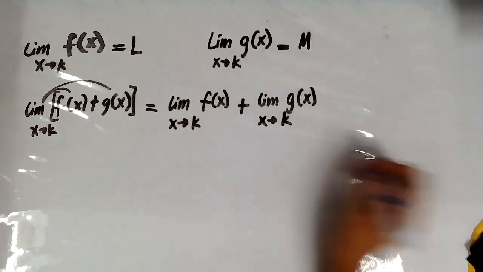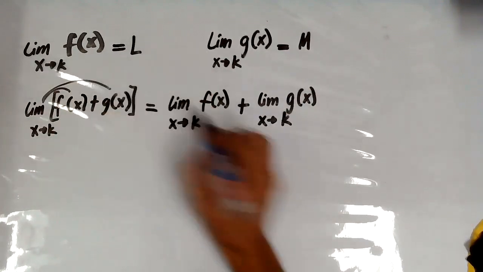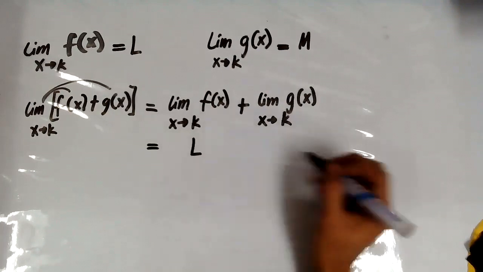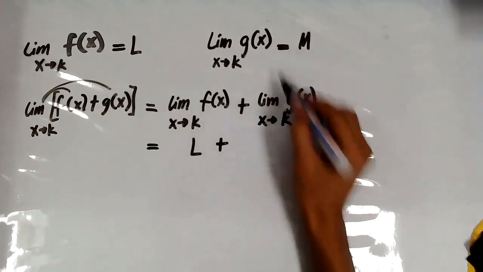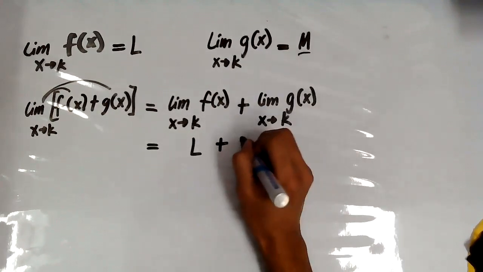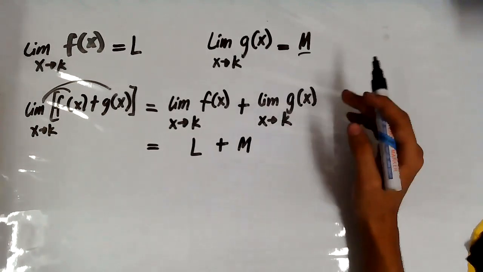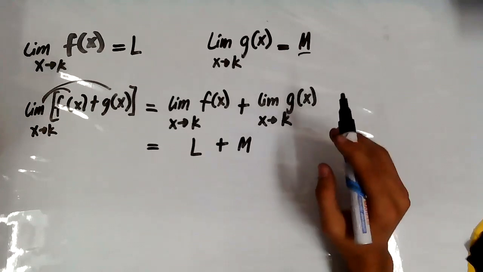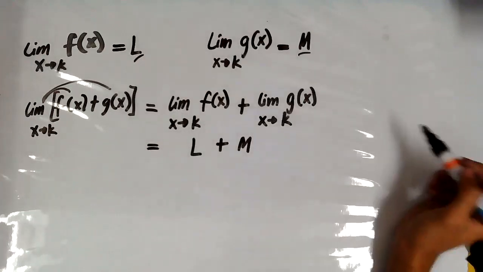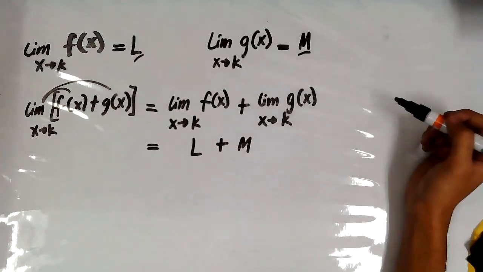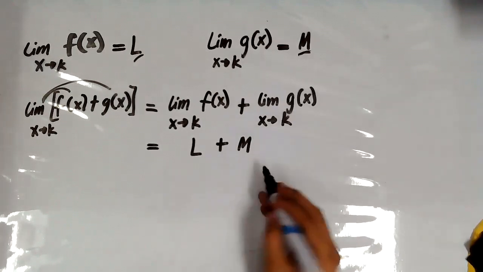And we all know that the limit of f of x is L, plus the limit of g of x, which is m. So simply, the limit of the sum of these two functions is L plus m.